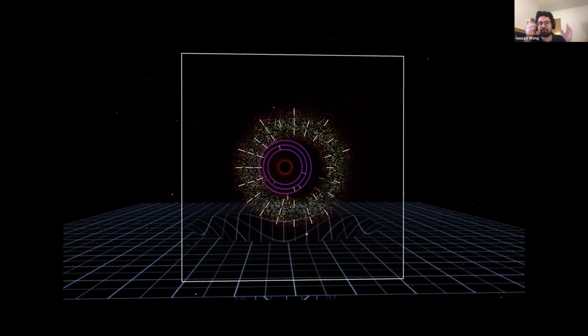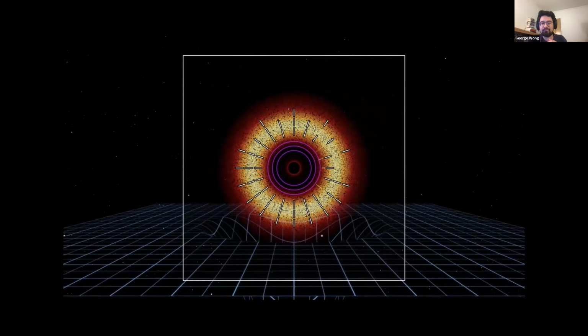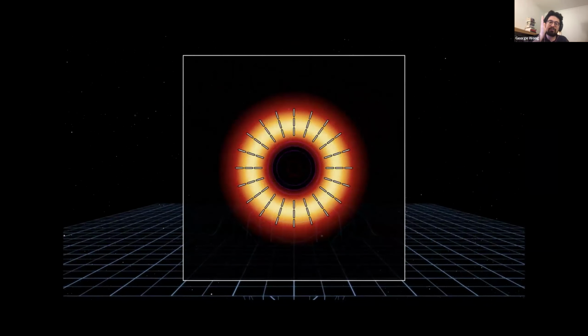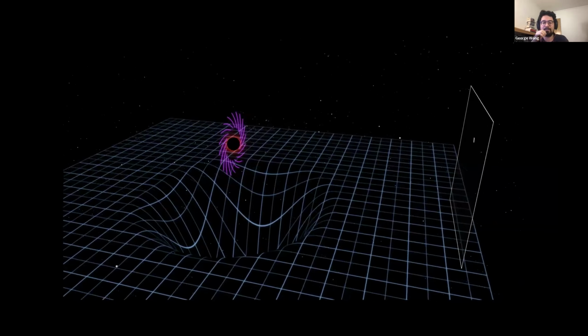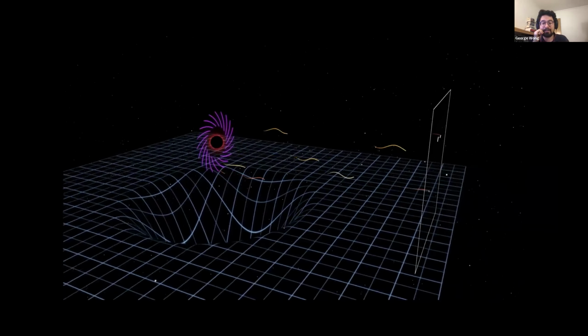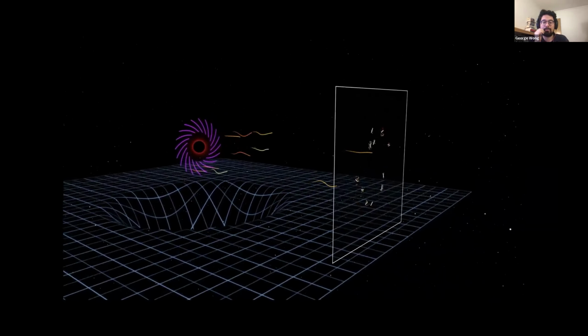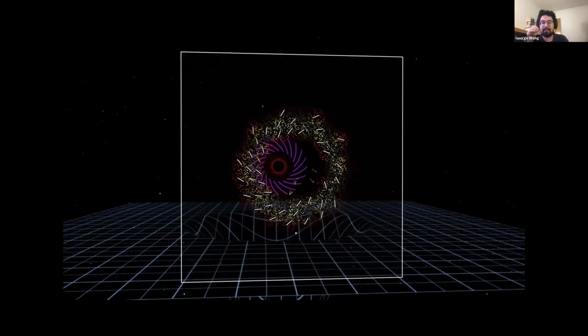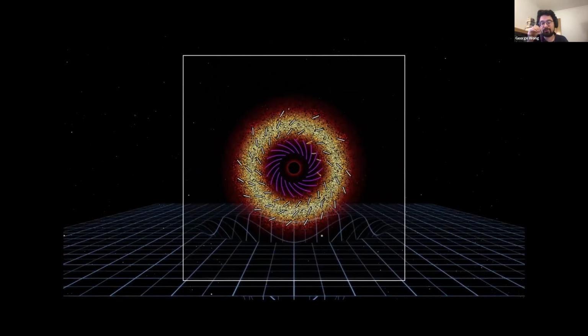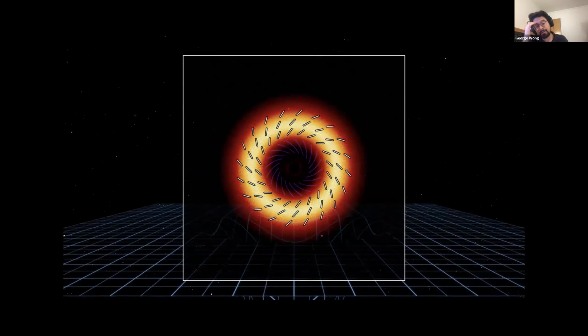And importantly, for synchrotron radiation, for the radiation we're seeing at these frequencies, the electric field will be oscillating perpendicular to the magnetic field. And so if we spin up the black hole, or if we twist up the magnetic field and look at this process again, then what we see is that the polarization pattern, this EVPA, also gets wound up. And again, the EVPA is perpendicular to the orientation of the magnetic field.